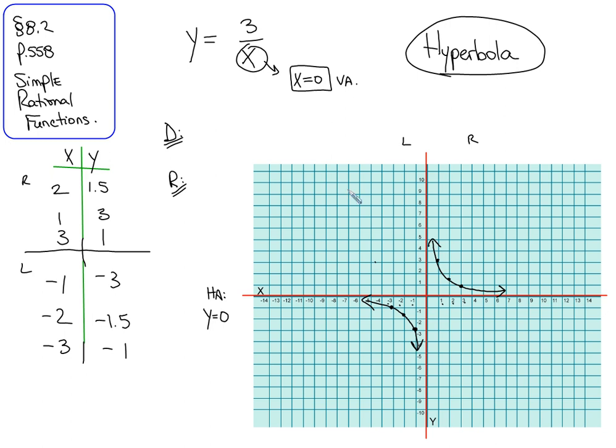All right, domain. Domain is x or y? X. Range is y. So we're going to look at the x-axis. If I shine a light from above and a light from below, the light from below will hit this piece and cast a shadow where? On the x-axis. Will it cover the whole x-axis or just part of it?